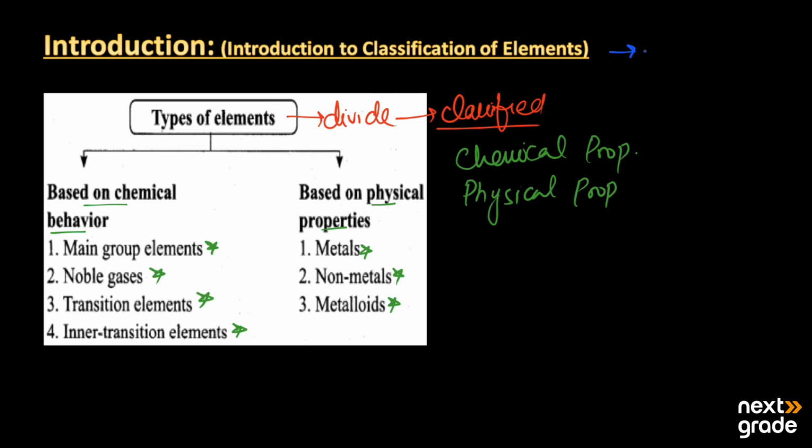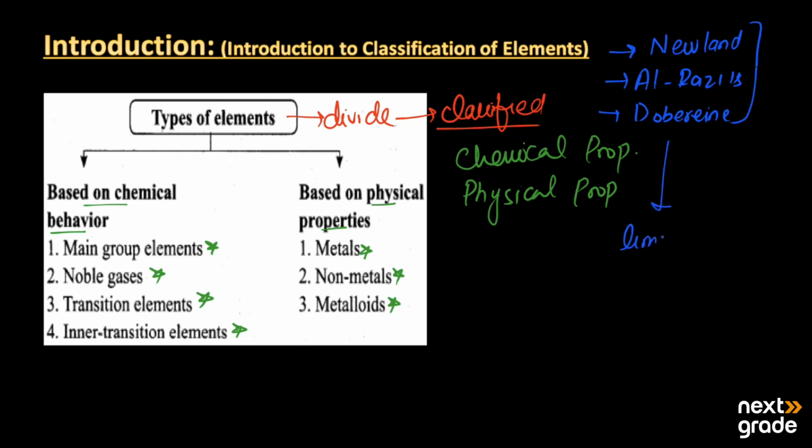There are a lot of scientists who made a memorable contribution towards that: Newland, then the work of Al-Razes, and then the scientist Dobereiner. They worked for the classification of the elements, but their work was limited and not applicable to all the elements.